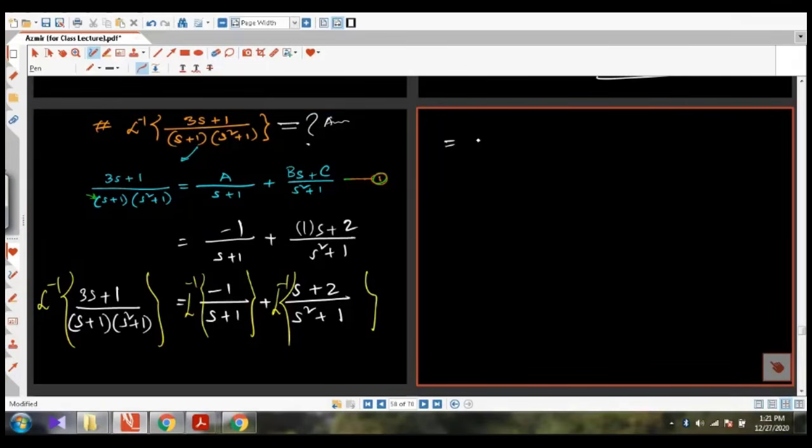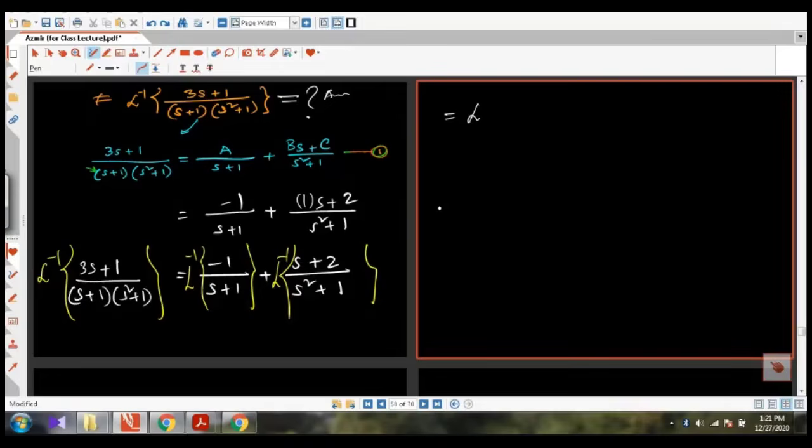So inverse Laplace, since we have -1, which is a constant, let's pull out -1 before. So the negative has been pulled out, so we have 1 over s plus 1 plus s plus 2 over s squared plus 1.